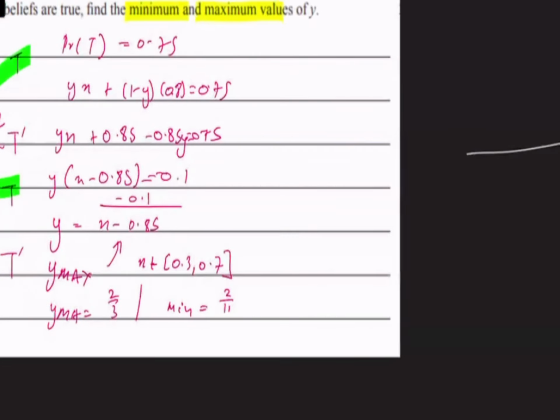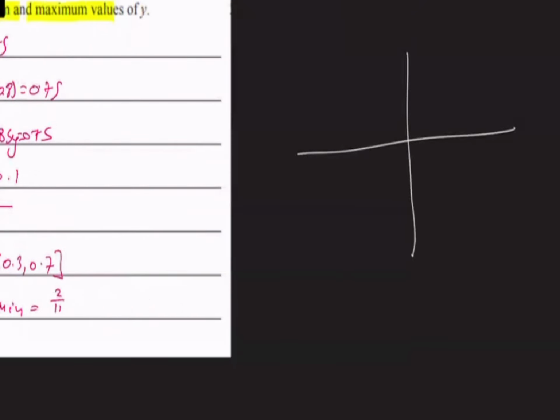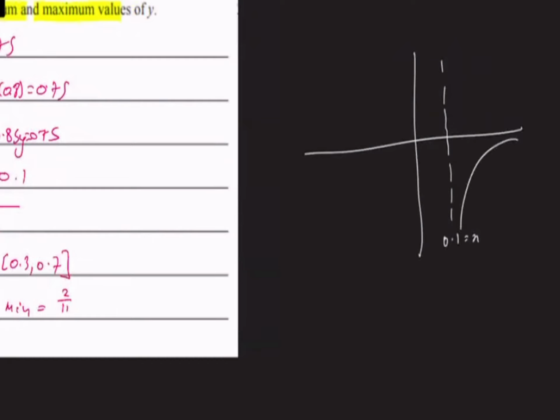If you ever want to double check your answers, just consider the truncus function that we got. It was negative 0.1 over x minus 0.85, so that gives the asymptote, and the graph would look something like this. We know x is valid from 0.3 to 0.7, so we're just looking at this part.